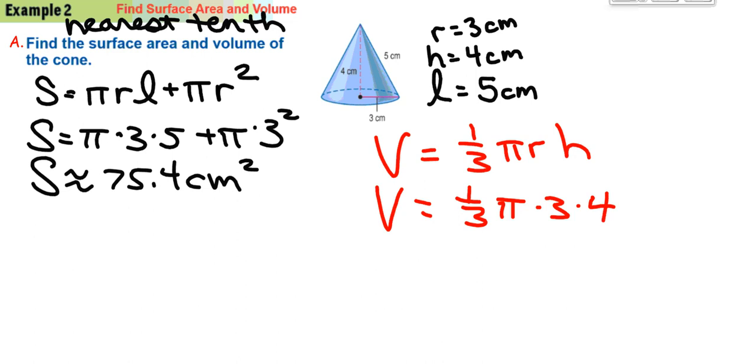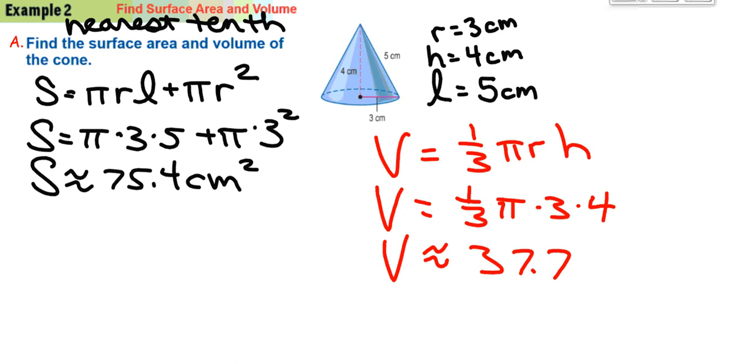And then take a minute and see what you get. We'll see what that is to the nearest 10th when you have an answer. And this one also, if you use the pi key or 3.14, you get the same answer. Volume is approximately 37.7.